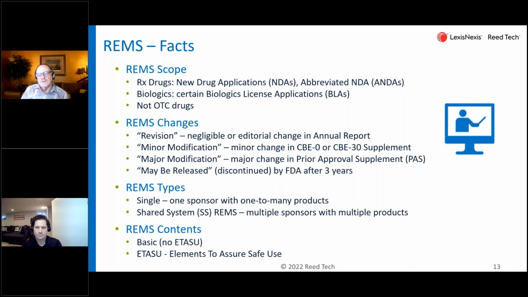If it's major, you'll have that prior approval supplement, or PAS. And then you could have the fact that the REMS might be released and discontinued. And you have a time frame there of 3 years or thereafter that it's possibly a candidate for release if the program looks like it's no longer needed.